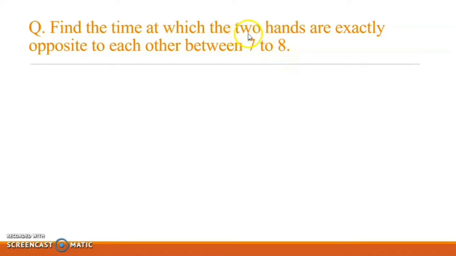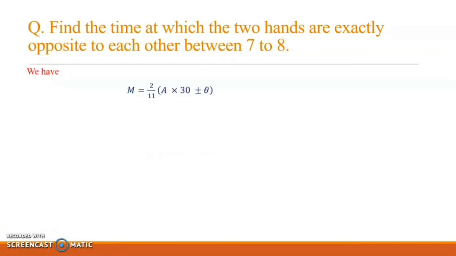The question says that the two hands are exactly opposite to each other, and I have told you earlier, when do we say the two hands are exactly opposite? When the angle between them is 180 degrees. Therefore we have theta equal to 180 degrees.